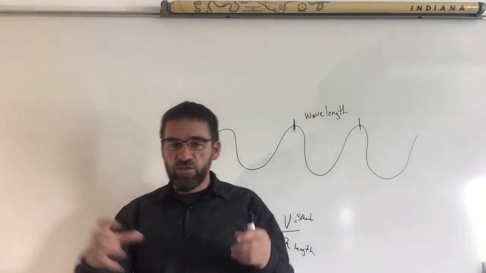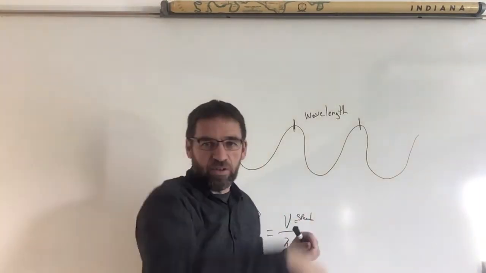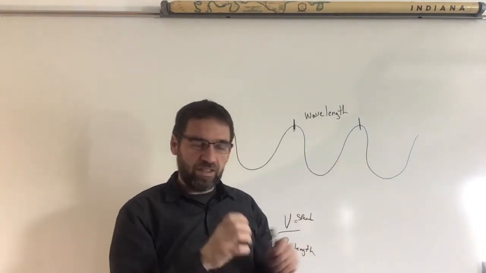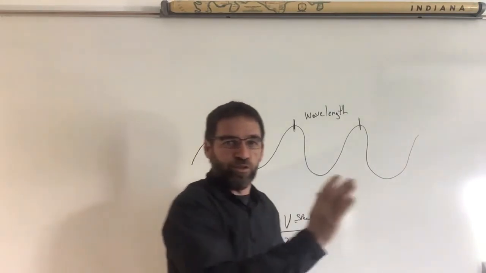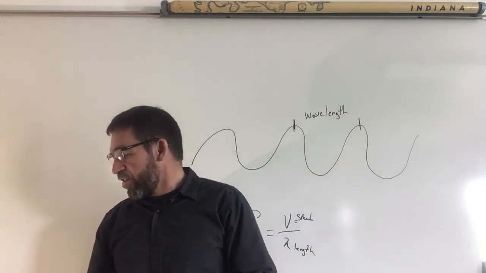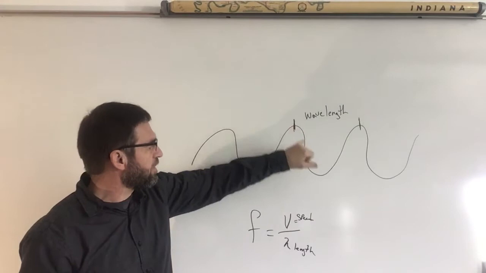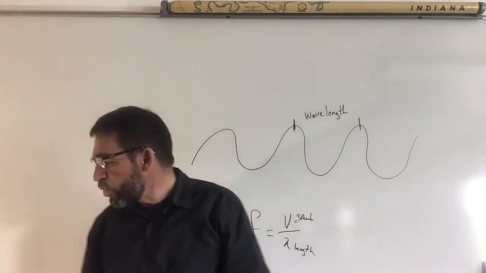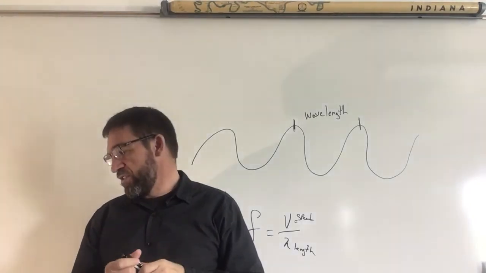So you take a slinky, and instead of going up and down, you fasten one end and give it a shove, and it goes along. Instead of calling them crests and troughs, we call these compressions and rarefactions.